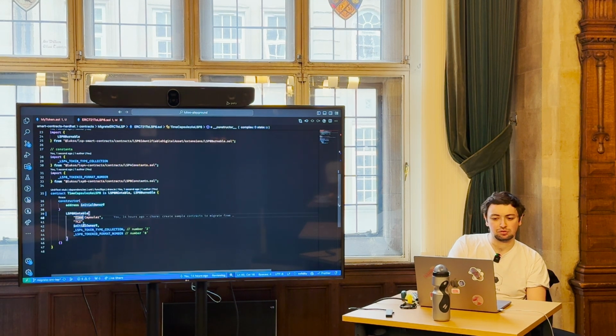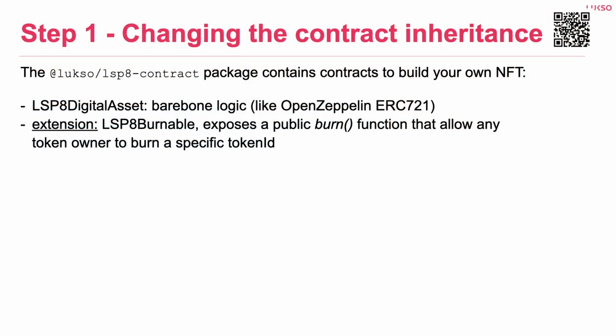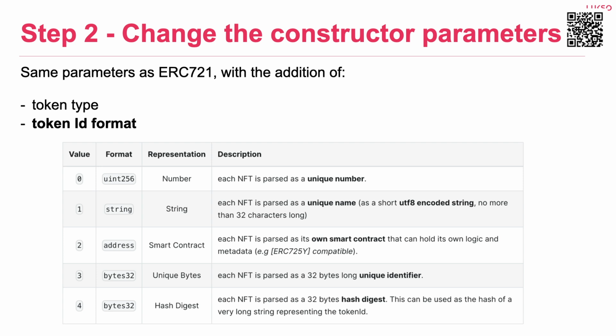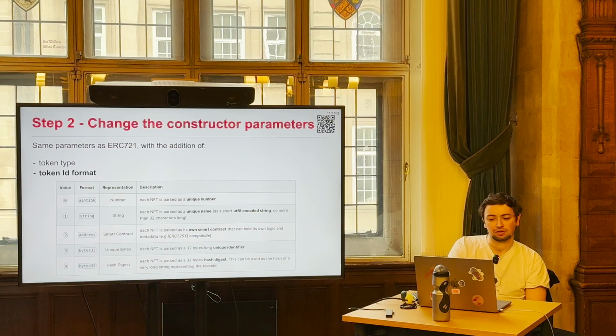It's a name, symbol, initial owner, the type of token. And the one extra parameter that we have is the token ID format. Basically, with LSP8 NFTs on LUKSO, you can represent the identifier for the token IDs in multiple ways.